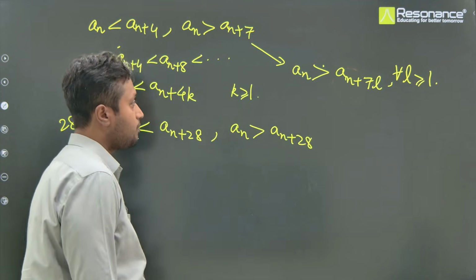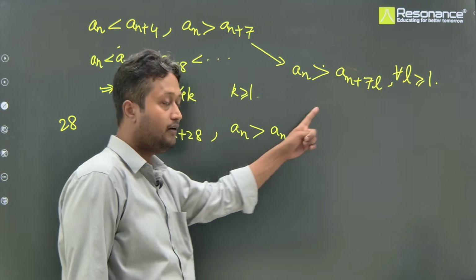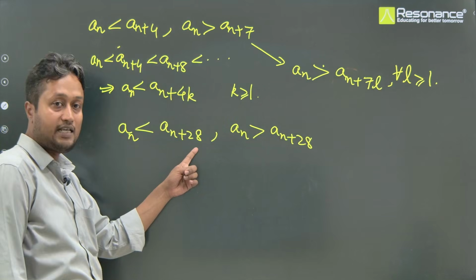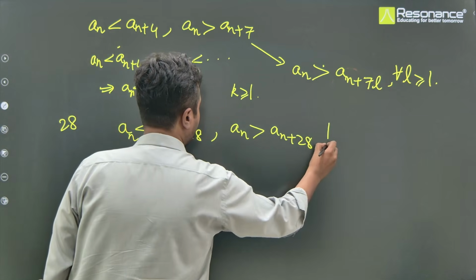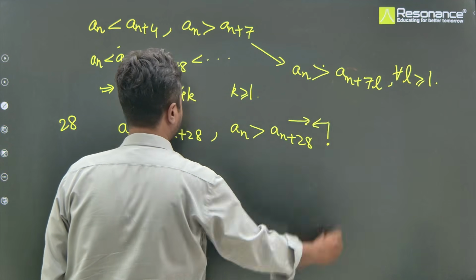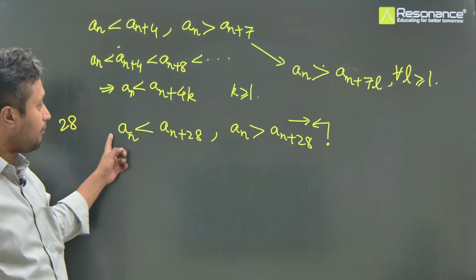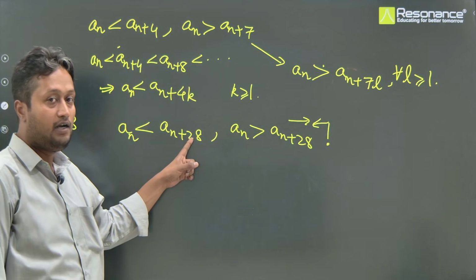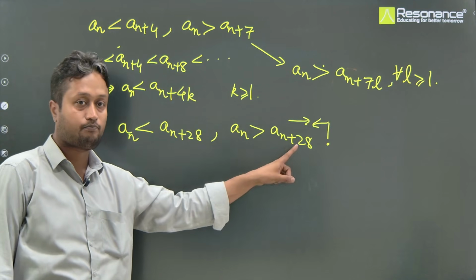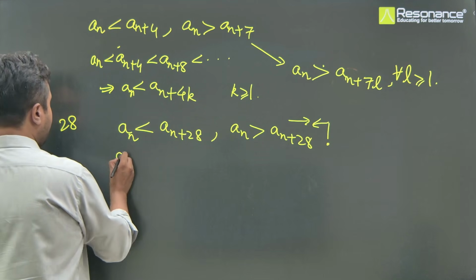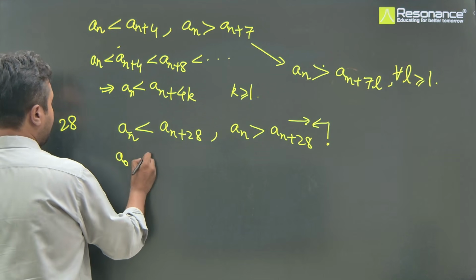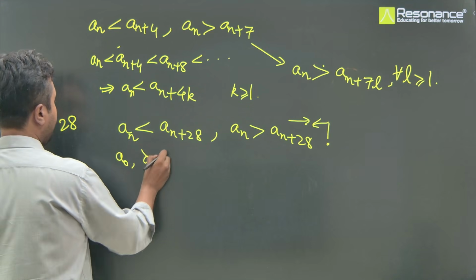All I'm doing is plugging in L equal to 4 over here and k equal to 7 over here to get that. But that's a contradiction. That can never happen, because you want a number to be greater than the other number and also vice versa. So that never happens, which means if a_0 is a term, then a_28 must not be a term.